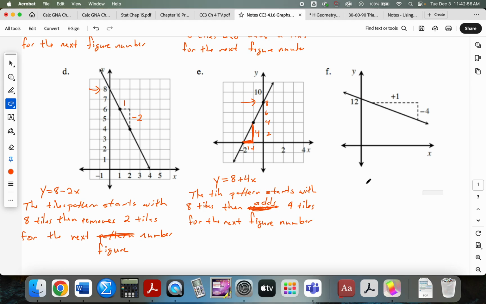You can say negative 4, you can say minus 4, it's the same. Plus negative 4, minus 4, it's all the same thing. Y equals 4x minus 1.